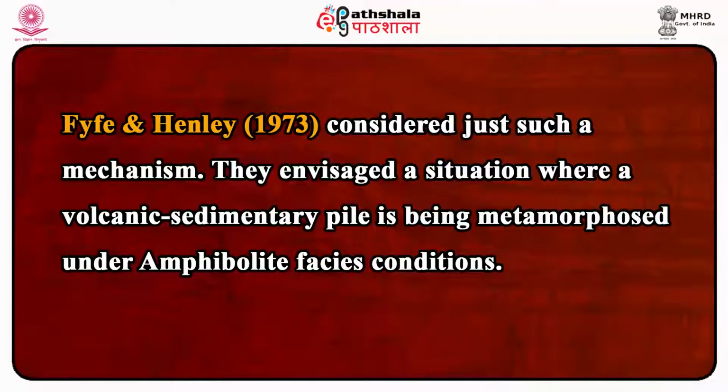If fluid flow is channeled through a small volume of rock in which dilatant zones develop, then mineral deposits may be formed. Fyfe and Henley 1973 considered just such a mechanism. They envisaged a situation where a volcanic sedimentary pile is being metamorphosed under amphibolite phase conditions.